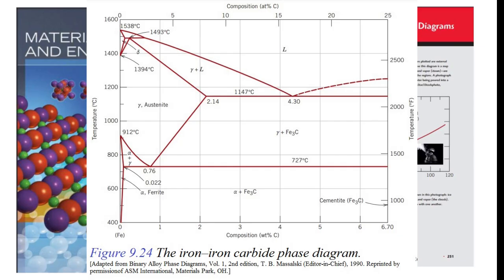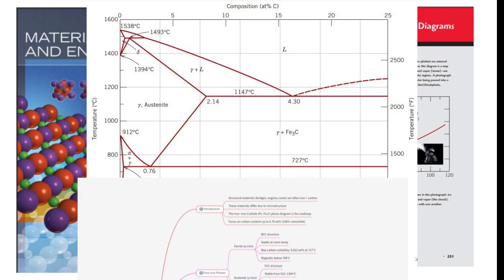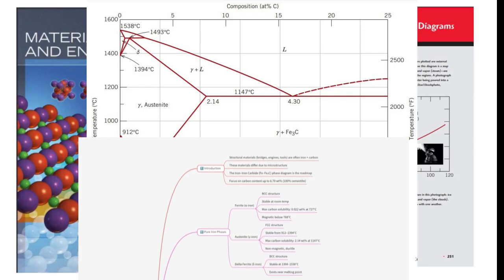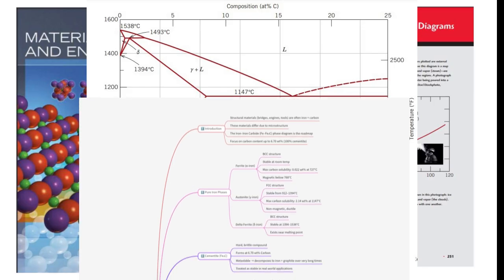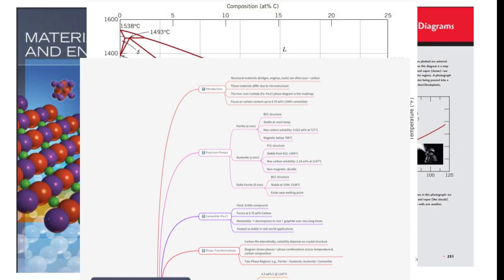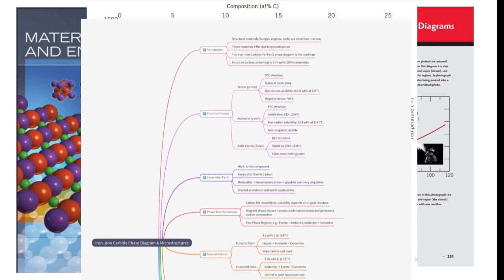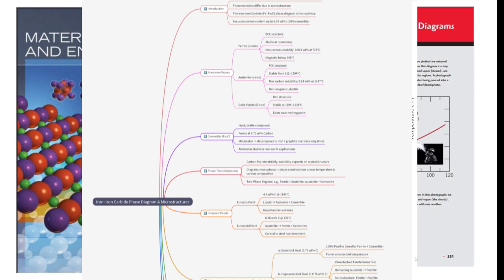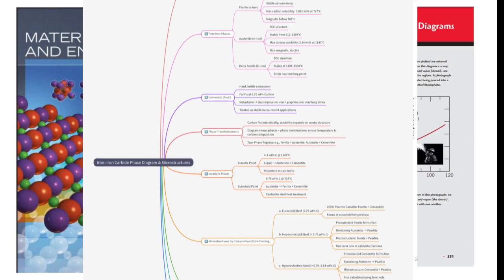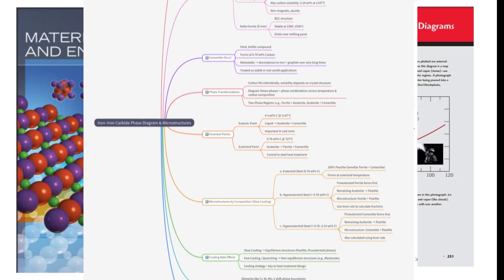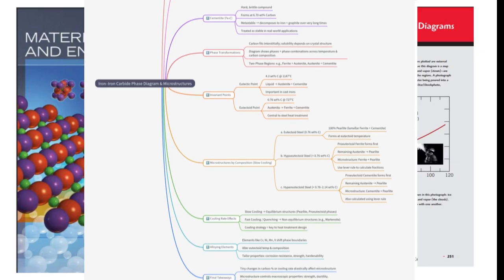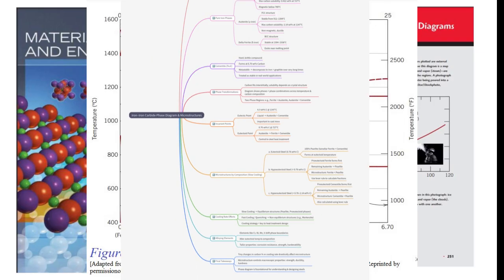Okay, so pulling all this together then, what does this deep dive into the Fe-Fe3C diagram really tell us about the materials that build our world? Well, fundamentally, it shows us this predictable relationship between the amount of carbon you put in, the temperature you heat it to or cool it from, the specific types of phases that are stable, ferrite, austenite, cementite, and critically, the final arrangement of those phases into microstructures, like pearlite and those proeutectoid phases we talked about.